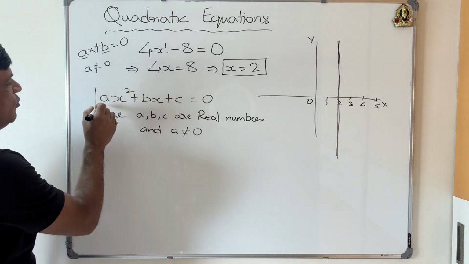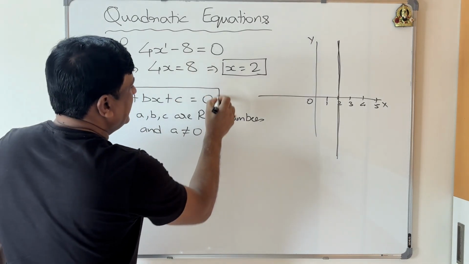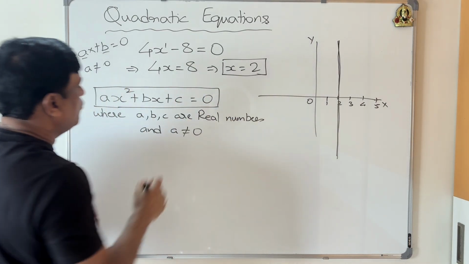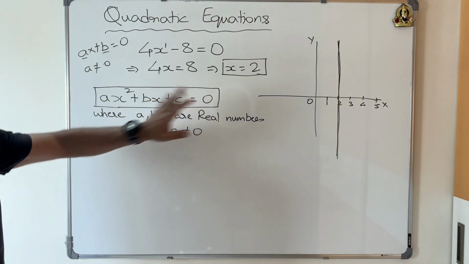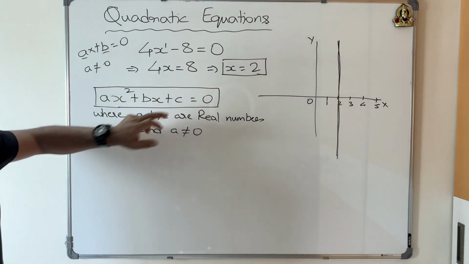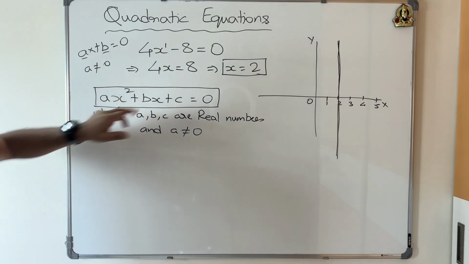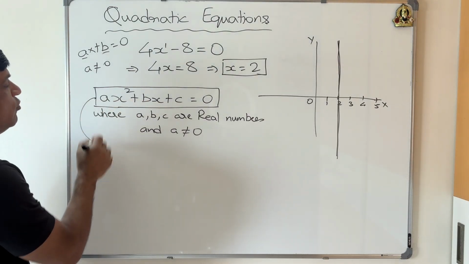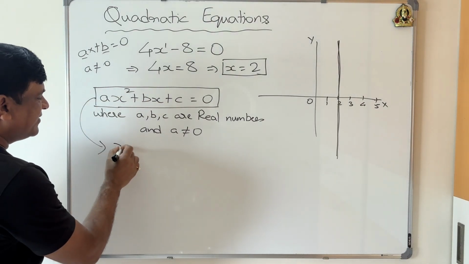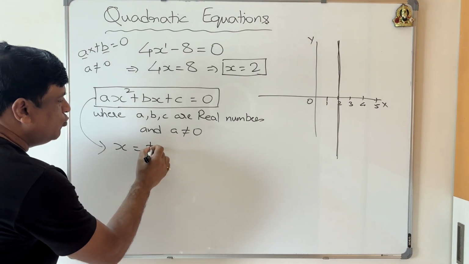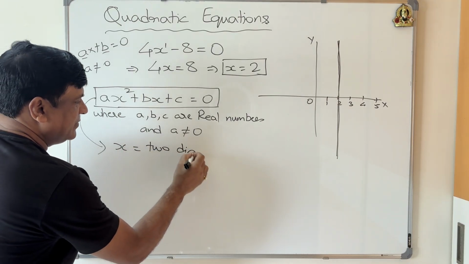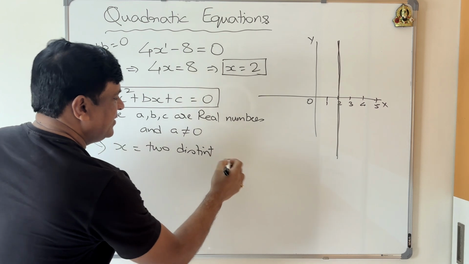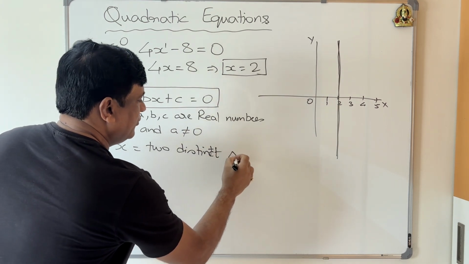So the general form of a quadratic equation is ax square plus bx plus c equal to 0, where A, B, C are constants. And in this case, x will have two distinct solutions.